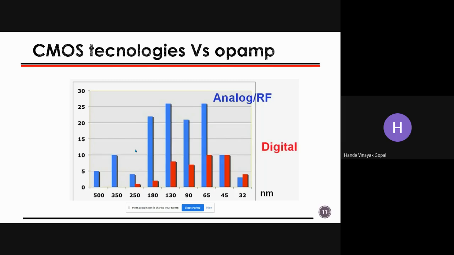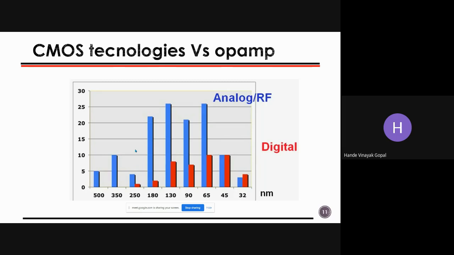Why it is happening is, in particular 32 nanometer technology, if I'm using the digital CMOS process to realize the operational amplifier, I'll get the higher gain, because the analog process of that 32 nanometer technology has some more masks.